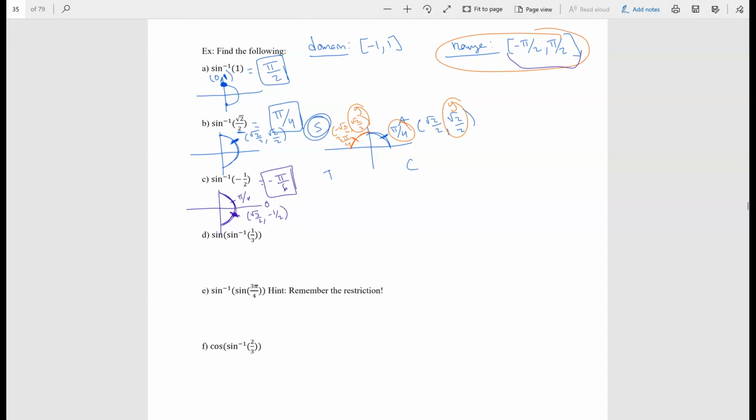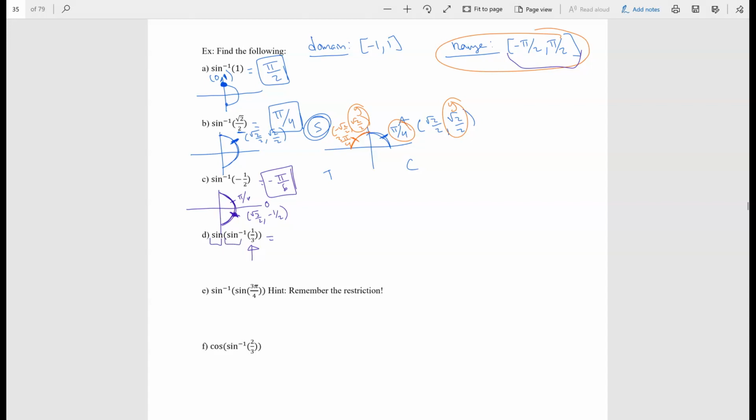Now here, what exactly is this? Well, let me show you a little trick on how to do this, because clearly 1/3 is not on the unit circle. So what are we going to do? Well, we could use the calculator, but we're not going to do that. Instead, we're going to think about what exactly taking the sine of sine inverse does.